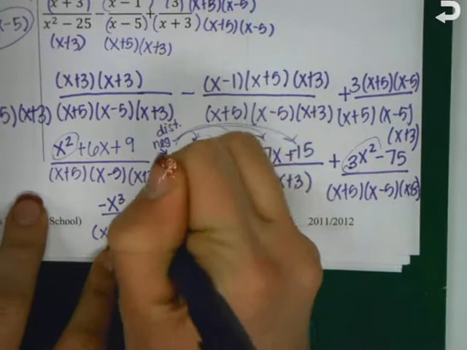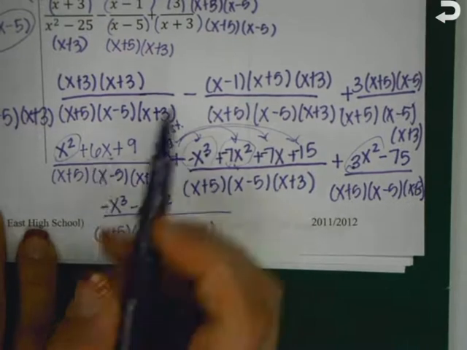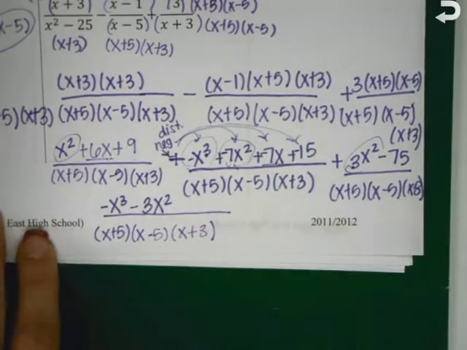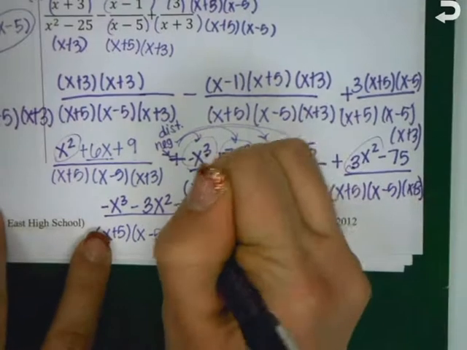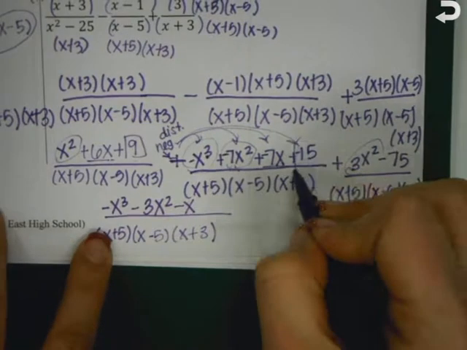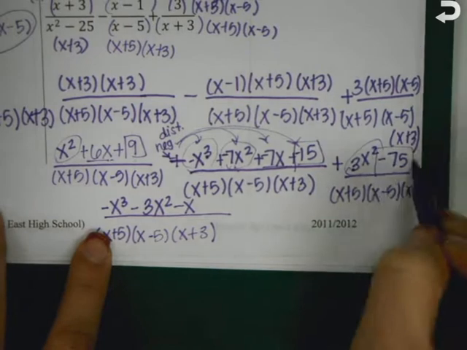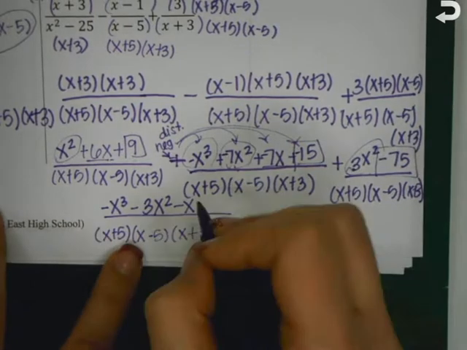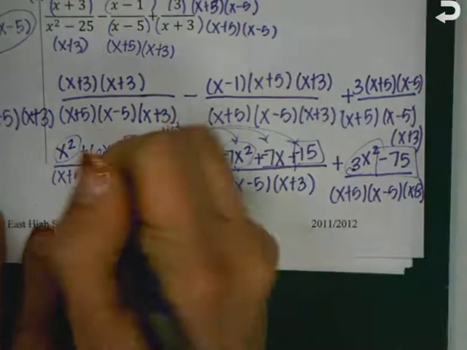Positive 6x minus 7x, negative 1x. And then positive 9 minus 15, negative 6, right? Minus 75 gives me negative 51. And that is my answer. Okay? It was a lot of work.